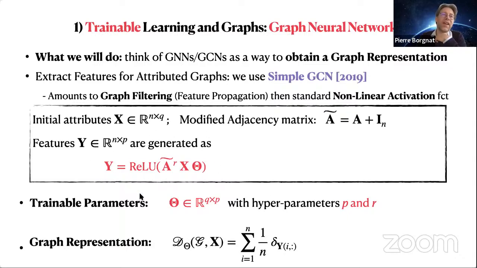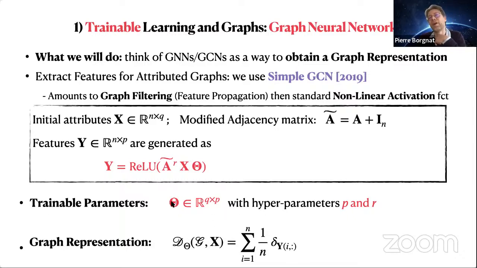Simply, this GCN is written as applying the ReLU to the modified adjacency matrix to the power R, to encode the R hops in the graph, applied to the features that have been weighted by some hyperparameter. And doing that, we have a limited number of parameters and hyperparameters.